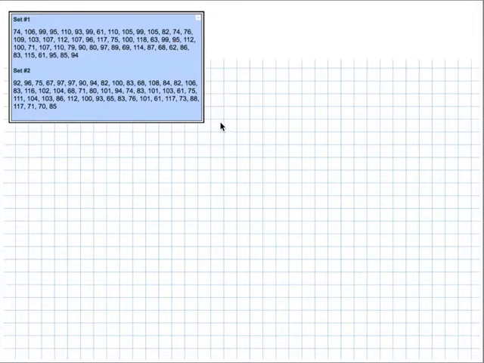So what I'm going to do is set up my frequency table first. This will look very similar to a frequency table for just one set of data. I'm going to set up a couple of columns.